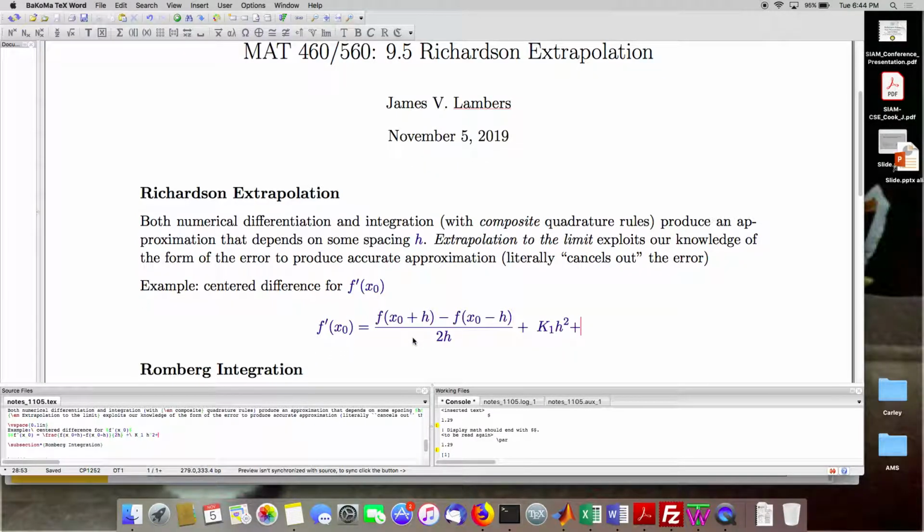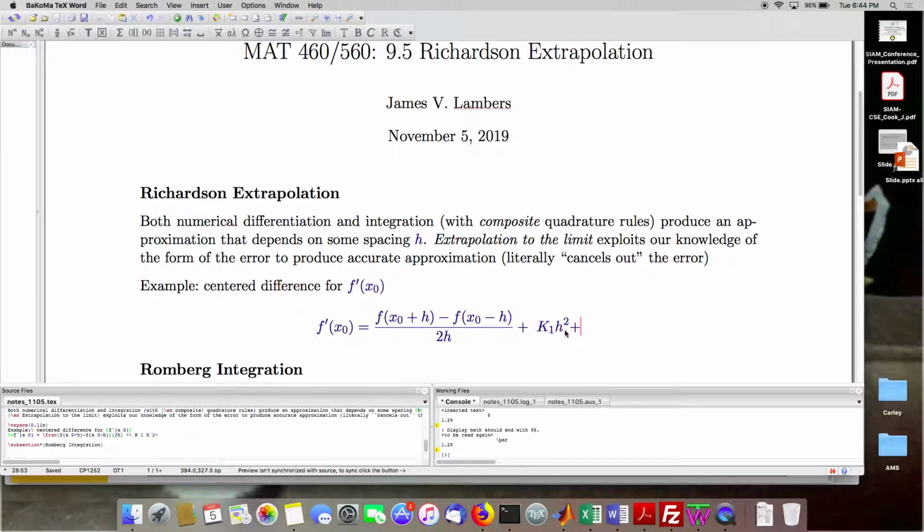But how do we come up with the error formula anyway? How do we show that this expression is equal to f prime of x naught plus something that's order h squared? Yeah, Taylor expansion. You would Taylor expand f of x naught plus h and f of x naught minus h, and simplify as much as you can. Things cancel, and the first thing that doesn't cancel is f prime of x naught, which is what you're after.